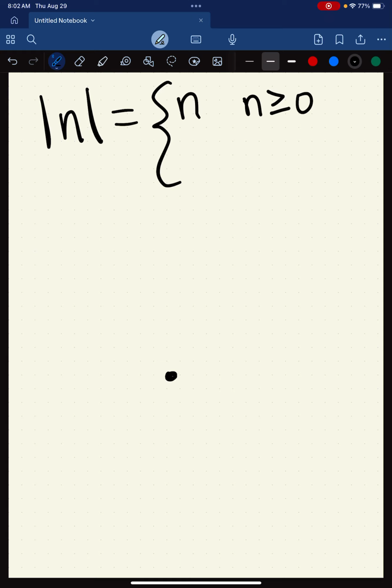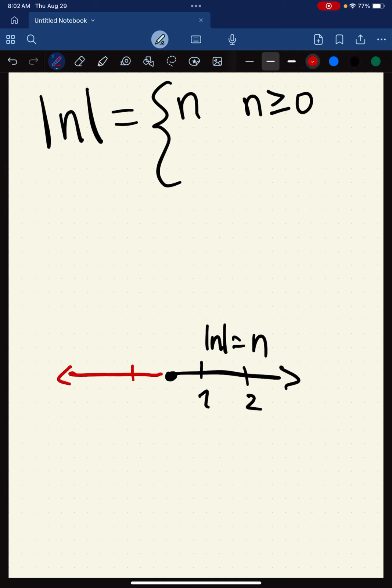So in particular, this 1, 2. The absolute value of things over here is just going to be n, whereas the absolute value of -1, -2, of things over here, well, -1 is 1 away from 0. -2 is 2 away from 0.